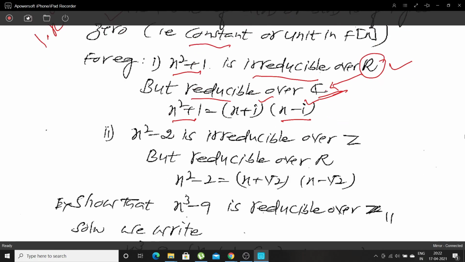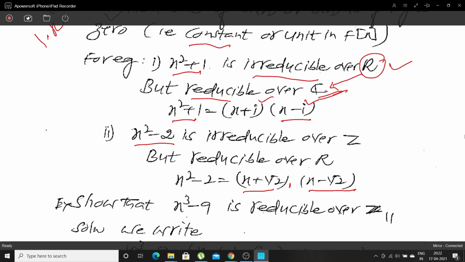Let me take another example. x square minus 2. Again, it is a quadratic polynomial. We write x square minus 2 as x plus root 2 into x minus root 2. Here we rewrote x square minus 2 as x plus root 2 into x minus root 2.